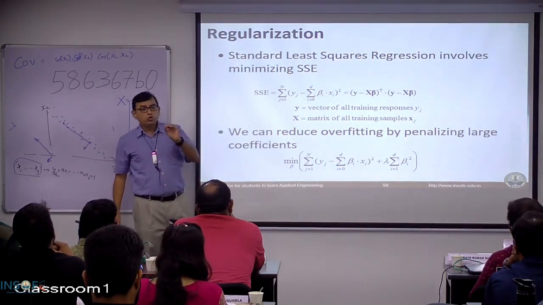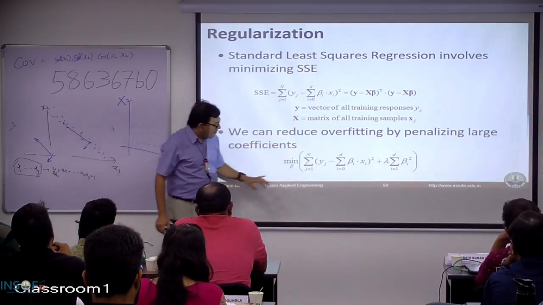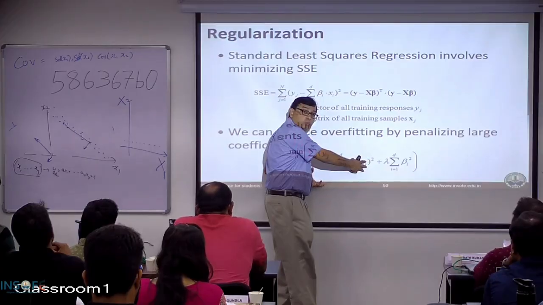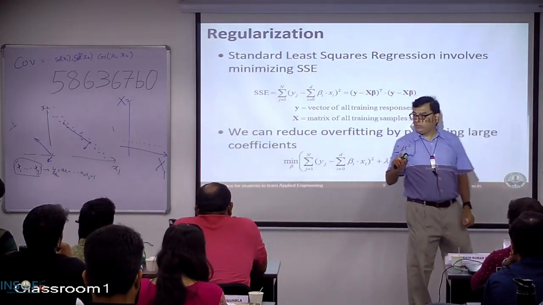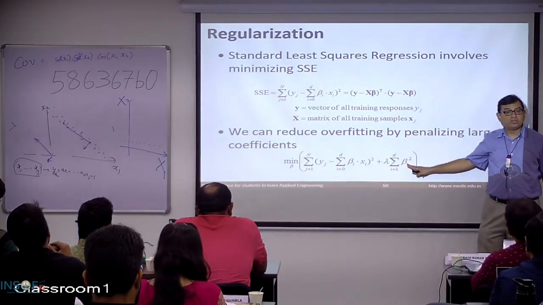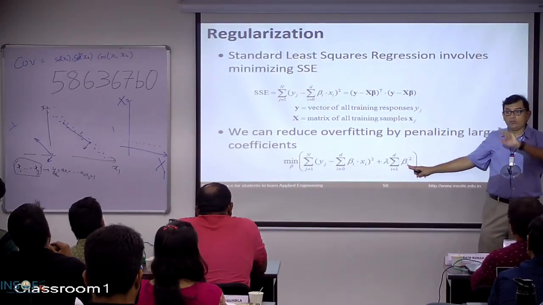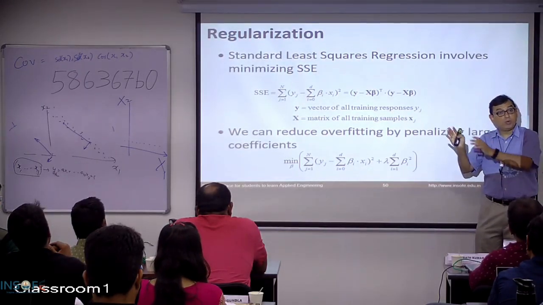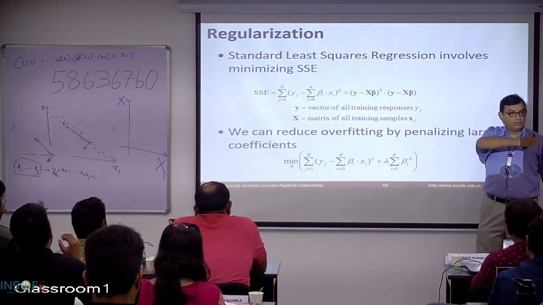What we are going to do now is slightly different. We still want to keep the error small. We want to make sure that the size of the error is small. But we also are putting a condition that I want to make sure that the size of the coefficients is also small. Okay, the coefficient can be positive or negative. If I just simply said I want the coefficient to be small, it will try to make beta values negative, which is bad.